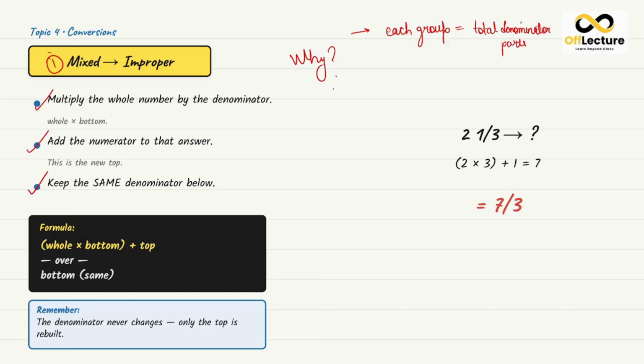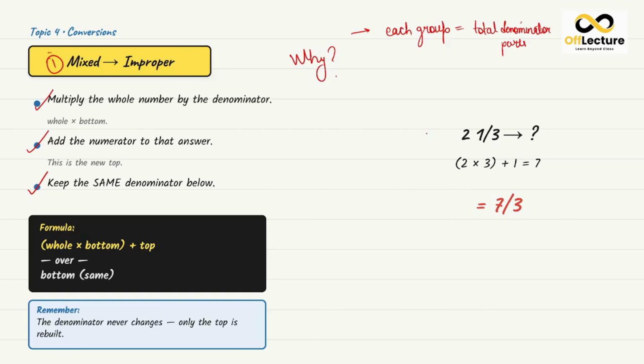In 2 and 1 by 3 there will be 2 wholes, and 2 into 3 is 6 thirds, plus one more third gives a total of 7 thirds, which becomes 7 by 3.